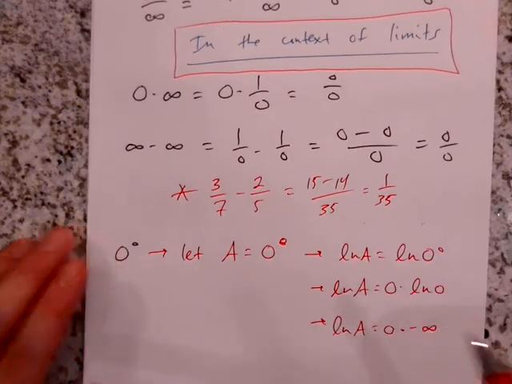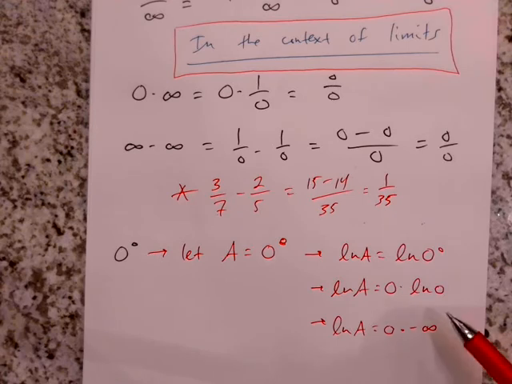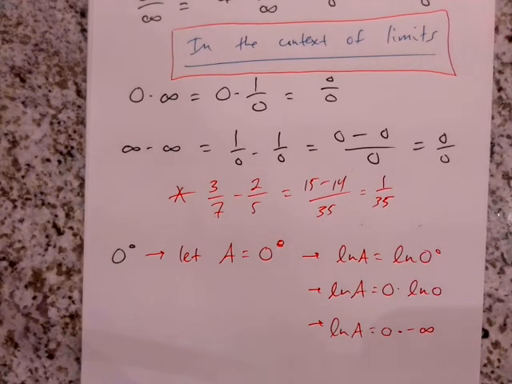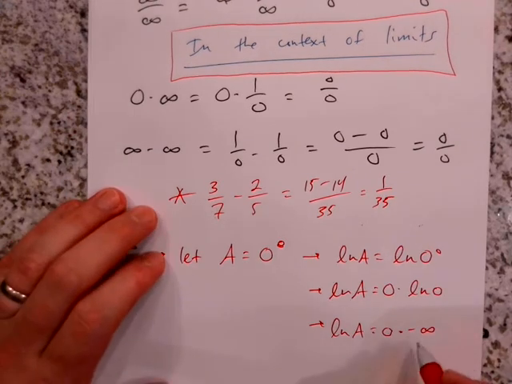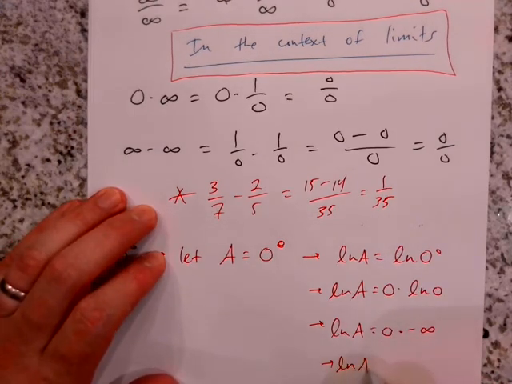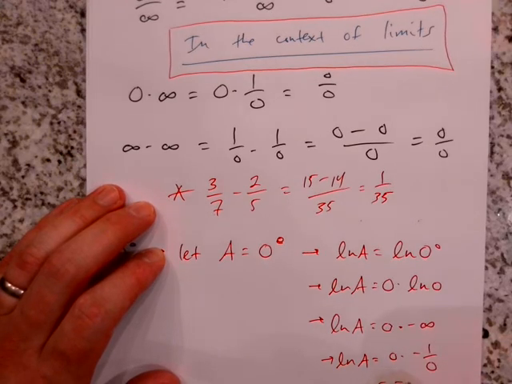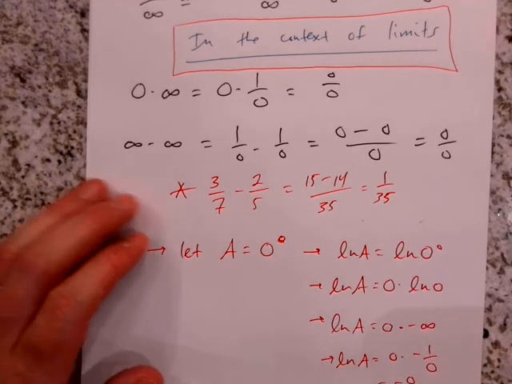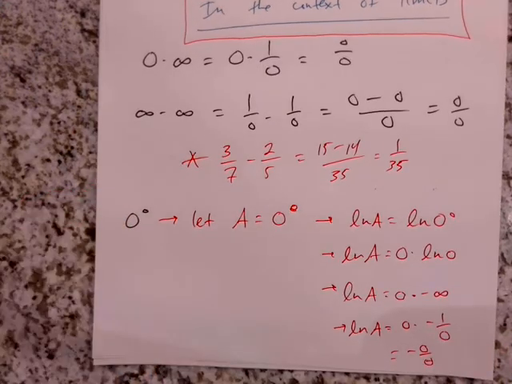And this function log x approaches negative infinity as x approaches 0. So in the context of limits, log 0 is negative infinity, which means that log a is 0 times negative 1 over 0, which is negative 0 over 0, which again is indeterminate.